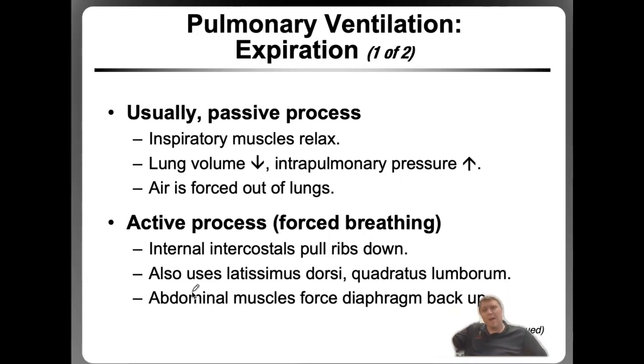So lung volume goes down, intrapulmonary pressure goes up, and air is forced out of the lungs. Now, this can be made into an active process, using ATP and energy, when you're forcing the air out as fast as you can so that you can take another breath to continue all the processes your body needs for exercise or when you're tired.